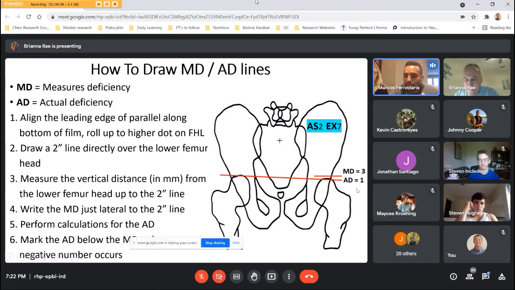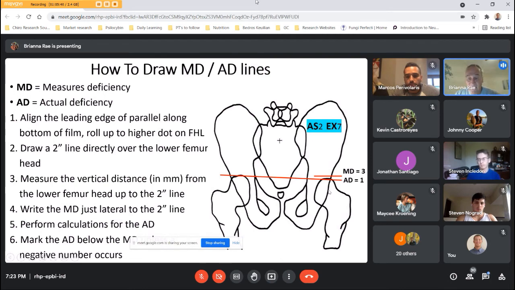Johnny said, how would an anatomical short leg differ from a functional in this picture? Well, the MD tells us that there's a potential anatomical short leg. We just don't know how much, right? So that's why we figure out the effect of the ilium misalignment on the femur head. So we figured out that this person actually has a short right leg of 1 millimeter compared to the other side.